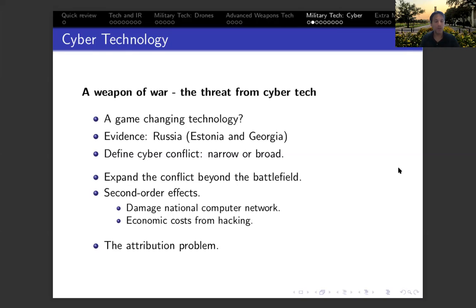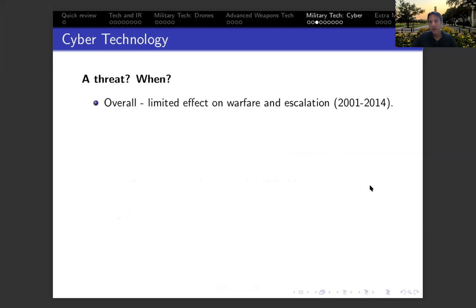And so this is a very prevalent problem when it comes to the applications of cyber technology when it comes to war. Now, despite all those potential risks, everything that I've talked about here, there's potential risk from applying cyber technology in the context of conflict. Most scholars do not view cyber as having a critical effect on warfare.